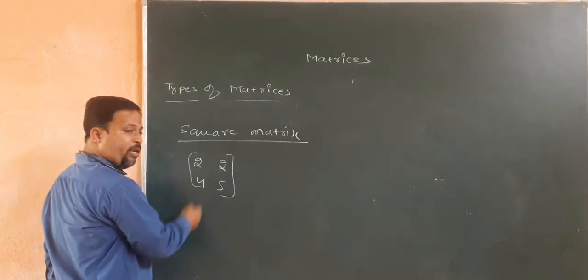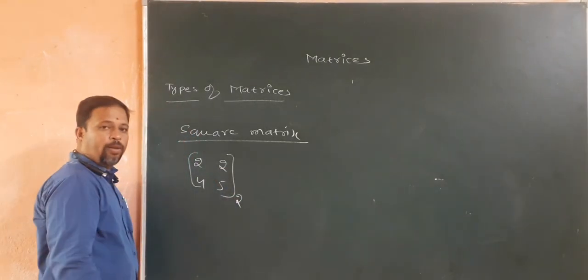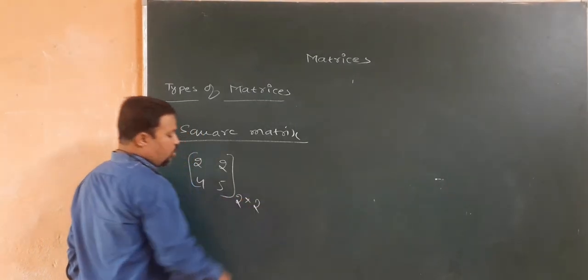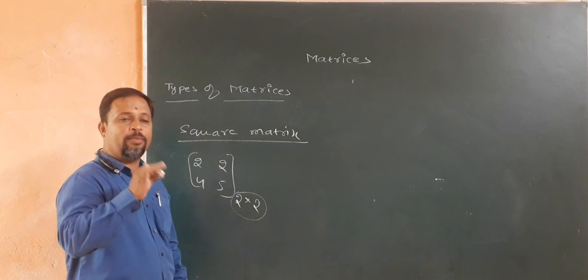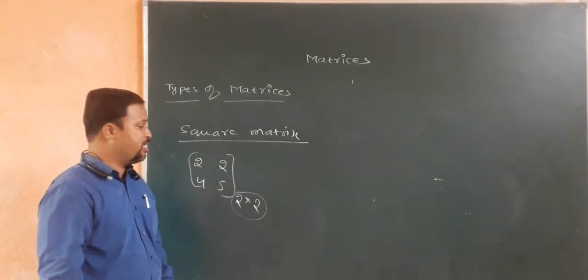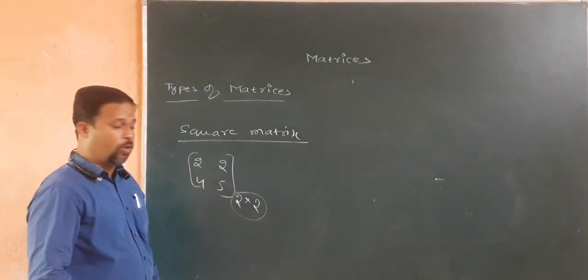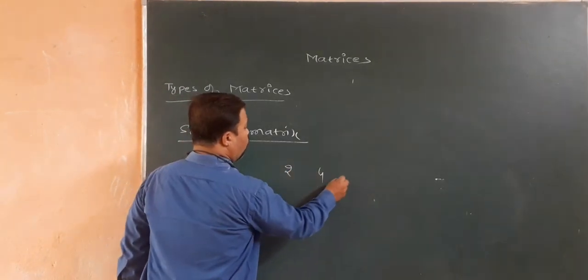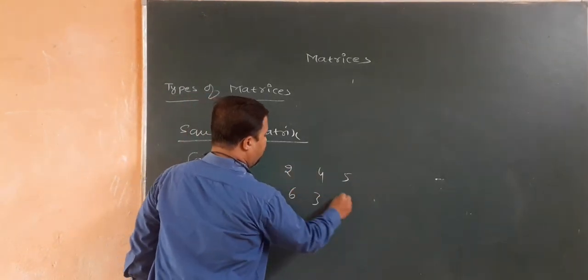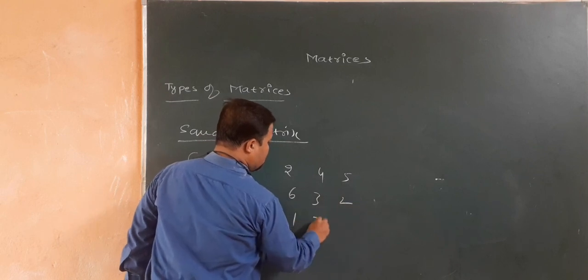How many rows are there? 2. How many columns are there? 2. So it is a square matrix. Number of rows and number of columns are the same, then we will say that it is a square matrix.